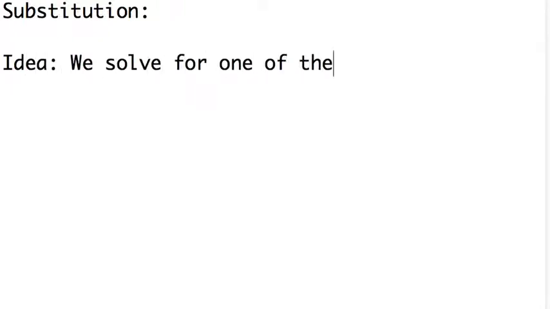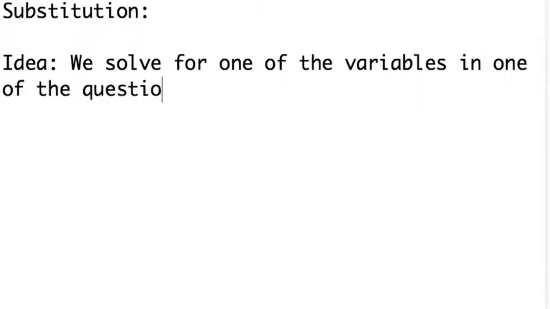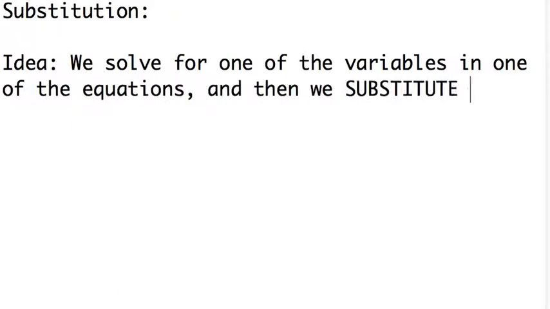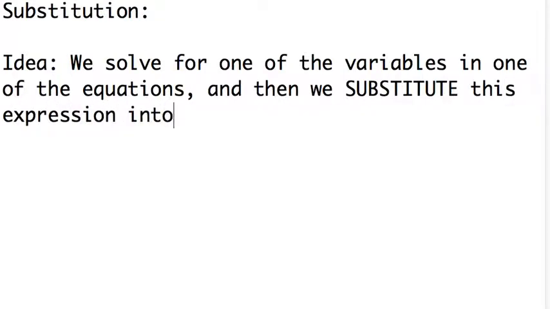Okay, now we are going to look at the first of these two good algebraic methods for solving a system of linear equations, and it's called substitution. And the idea is this. We solve for one of the variables in one of the equations, and then we substitute, hence substitution, this expression into the other equation.